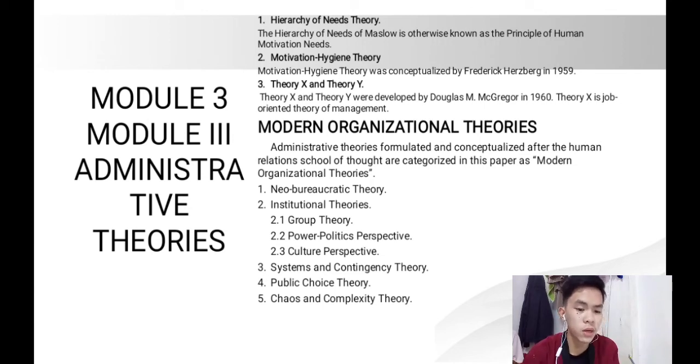Lastly, we have theory X and theory Y, which was developed by Douglas McGregor in 1960. Theory X is a job-oriented theory of management. Theory Y looked into the 2 sides of man. Task-oriented management is necessary in order to achieve organizational goals.